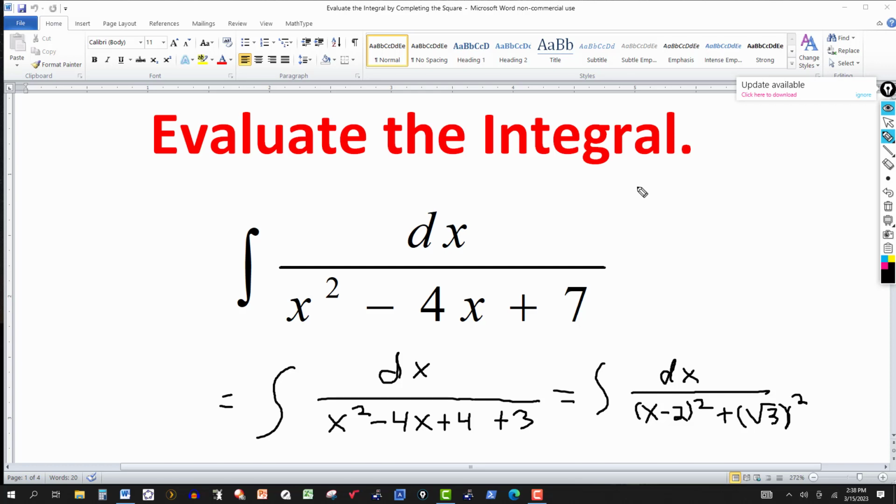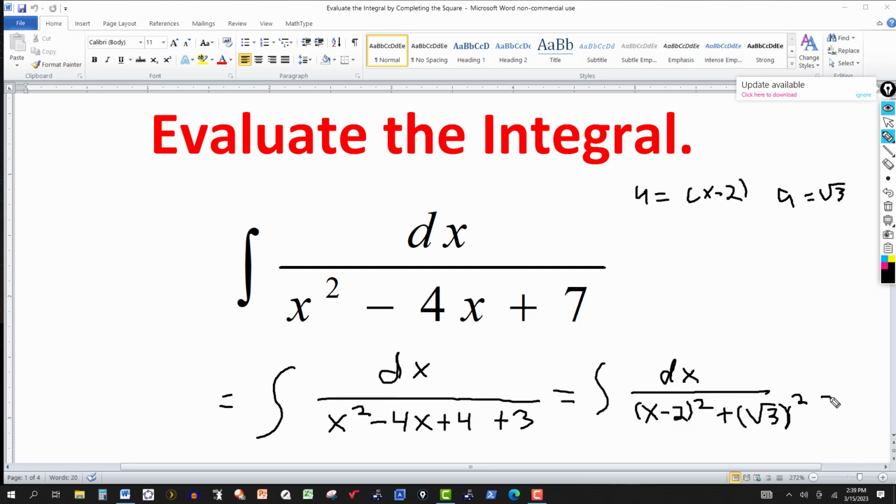So by letting u equal x minus 2 and a equal to the square root of 3, I have it written in the form that I want it, so I can use the formula.